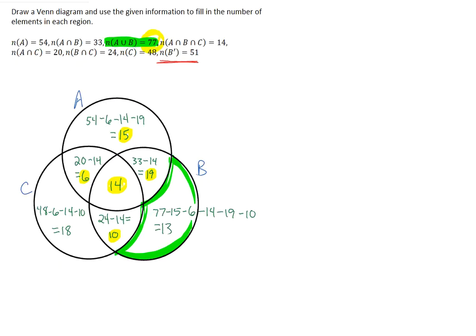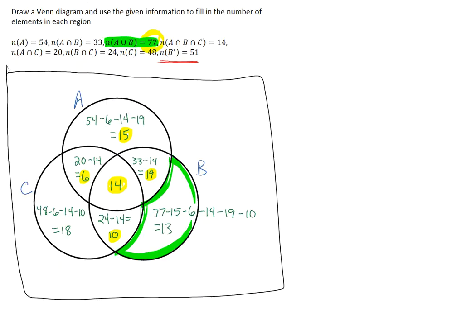Now what we need, which my diagram doesn't show well, is to figure out how many are in the universe that's not in set A, B, or C. And that's where that B complement will come in handy. And again, you may not have known that that's what you needed, but at this point we've used everything else, so that must be the thing that's going to help me figure it out.